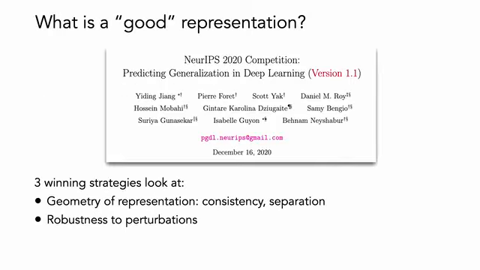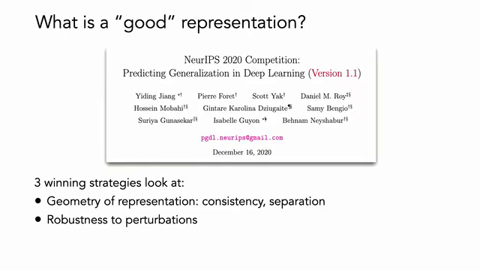So back in 2020, there was this work that tried to pose specifically the question of not what makes a good categorizer, but actually, can we build complexity measures that accurately predict the generalization of models? Can you build a complexity measure over a representation that will predict how well that representation will generalize?